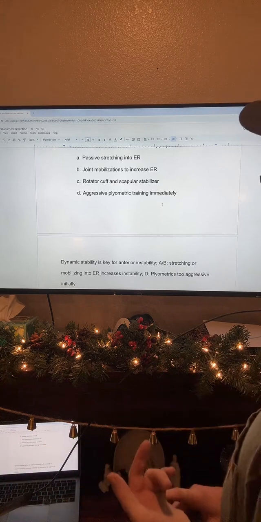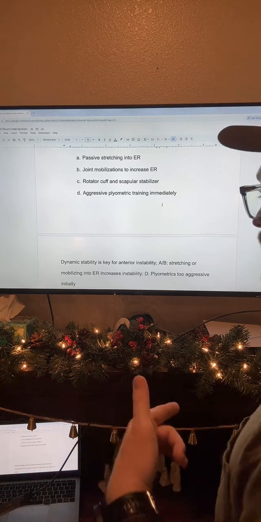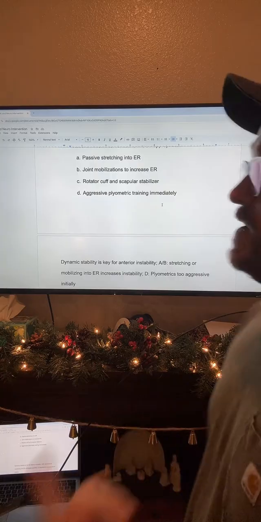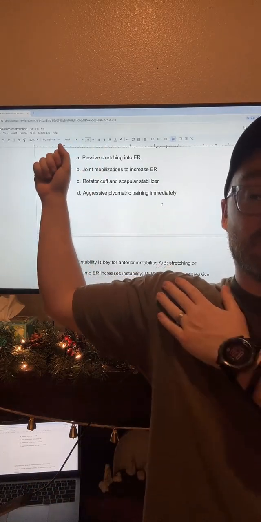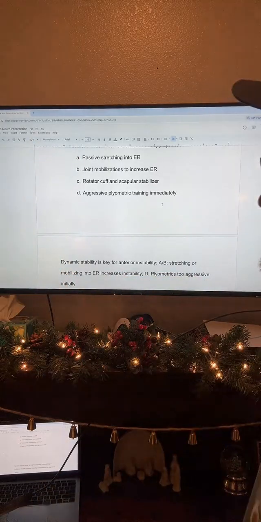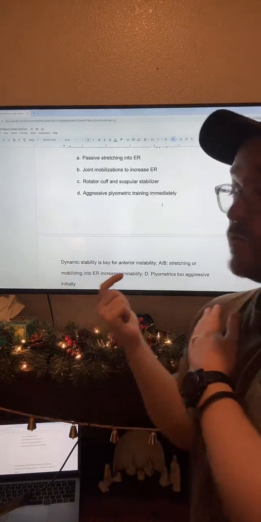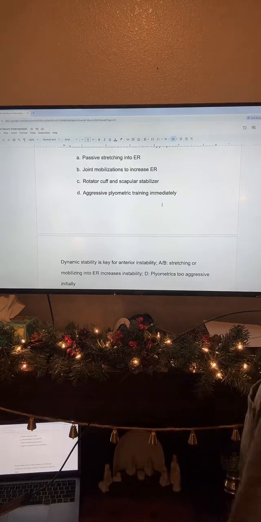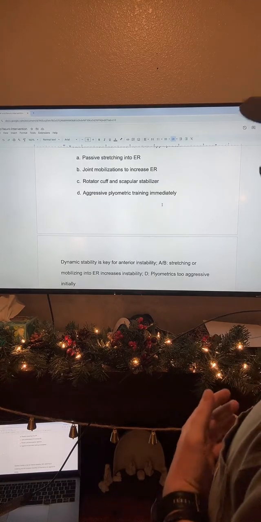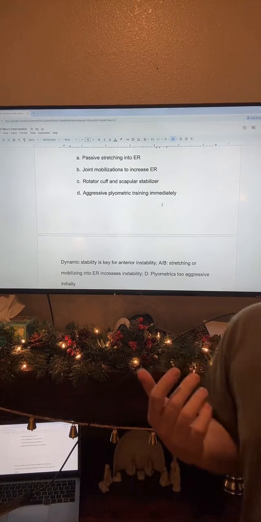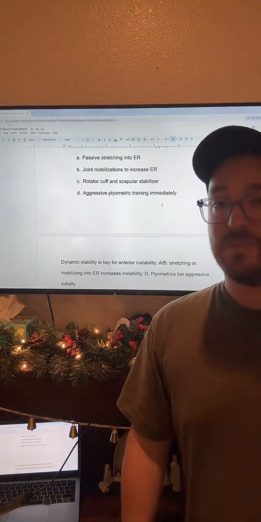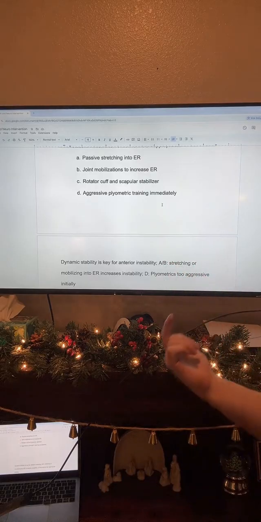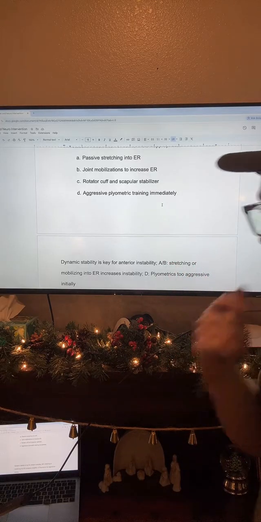And so A and B, stretching or mobilizing into external rotation, is going to increase instability. I mean, that's literally the apprehension test, right? So stretching them into external rotation is either going to make them super apprehensive or you're going to pop their shoulder out of socket. So don't do that. And D, plyometrics is going to be too aggressive initially. They don't have great dynamic stability to support plyometrics. And so the answer should be C, rotator cuff strengthening and scapular stability.